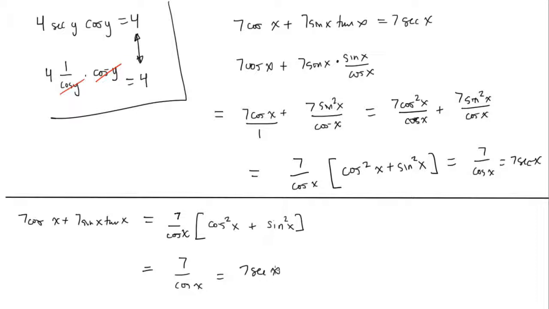So there are sometimes multiple ways to get started with these things, and for some of these exercises on WebAssign, they're giving you a scaffolding. Here they wanted it to be of the form 7 over cos x times some brackets, and then the cosine squared was there, and there's a blank where we put the sine squared.